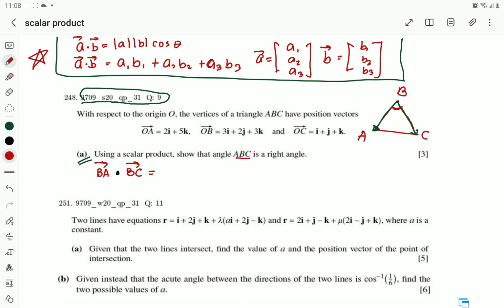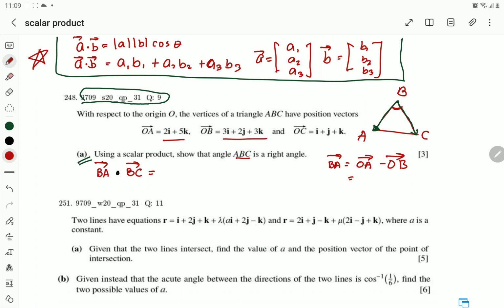So let's try to find BA. What is BA? BA is equal to OA minus OB. What is our OA minus OB? This is our OA, and this is our OB.